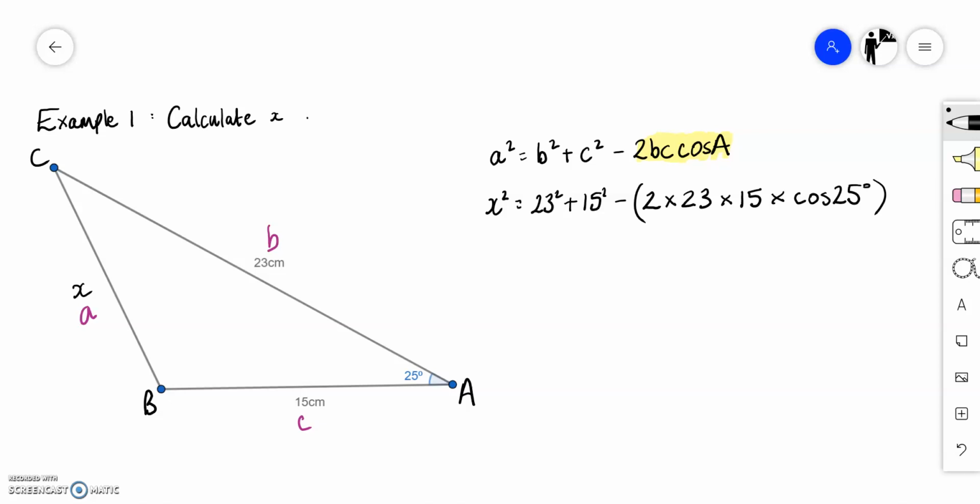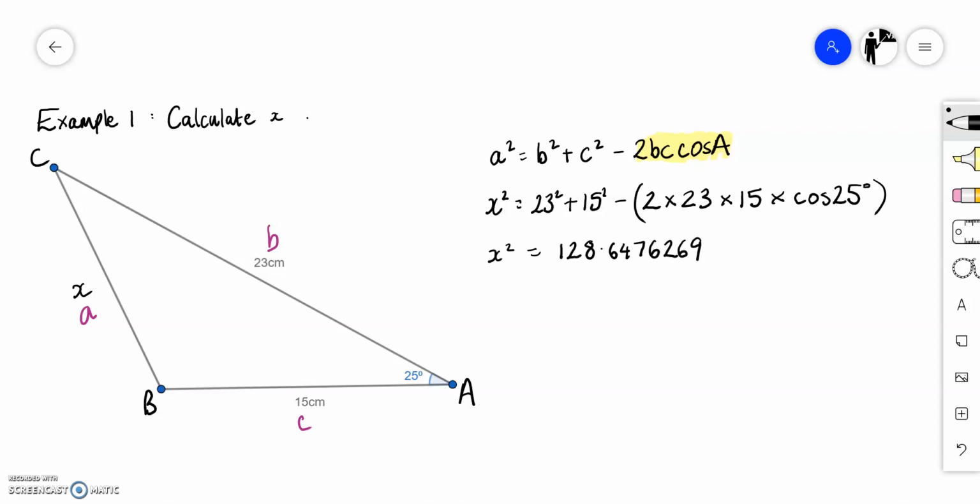We can type the right hand side of our equation into our calculator. If you do it properly, remember you just need to include your brackets, you should get 128.6476269. Please do check you get that on your calculator yourself. So that's what x squared is.